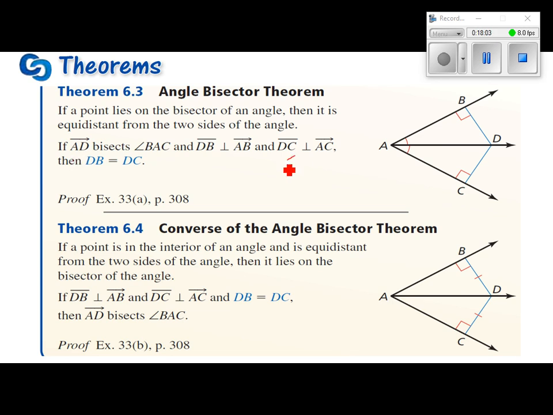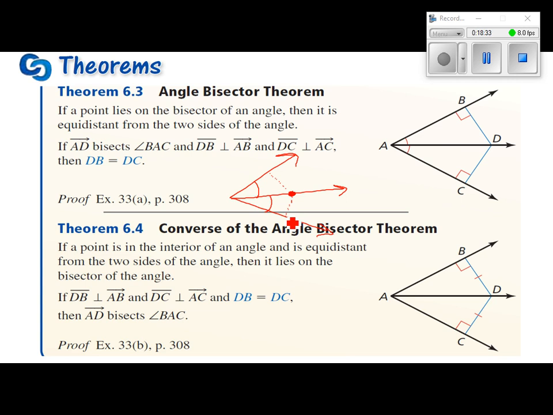So if I draw an angle here, and I'm going to bisect this angle, so I know that these two angles are congruent. What this theorem says, just sort of like the perpendicular bisector theorem, is I can pick any point on this angle bisector, wherever it's at, and it's always going to be the same distance from that side of the angle to that side of the angle.